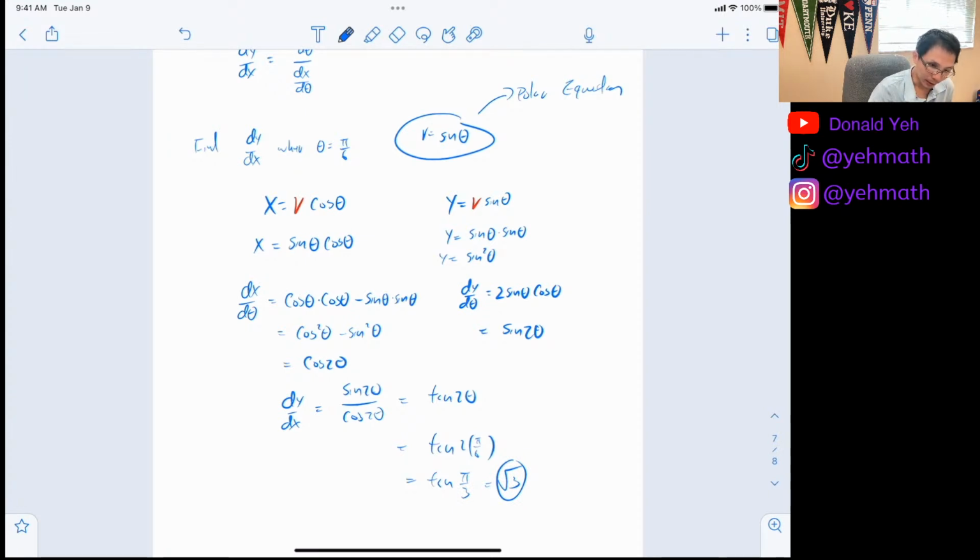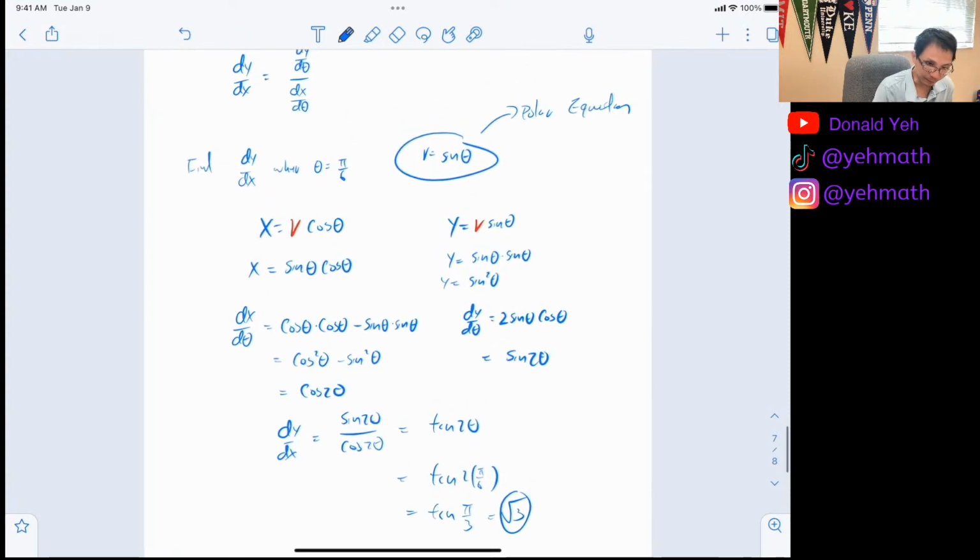So the slope is going to be square root 3 when the angle is pi over 6.